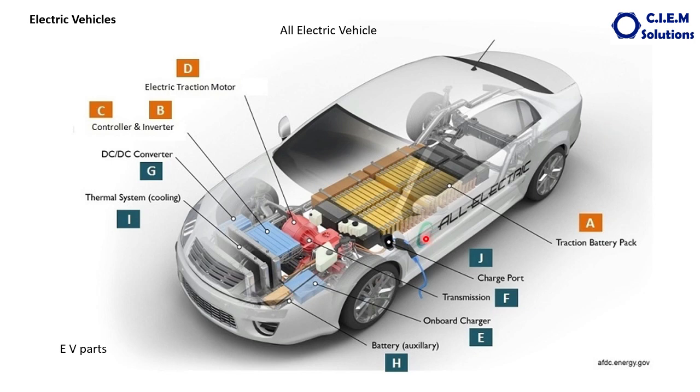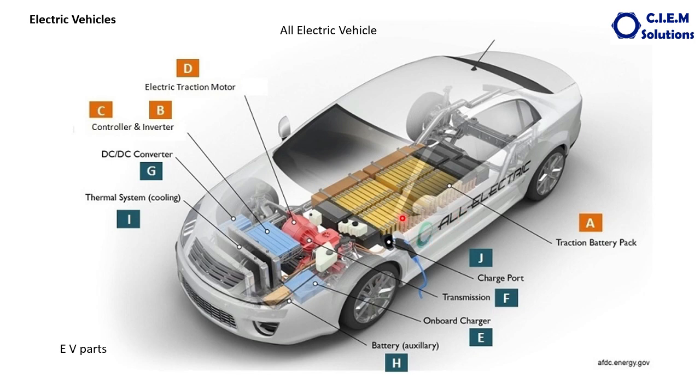The figure I am showing here is the car which is called an all electric vehicle. There are 4 types of electric vehicles we will see. Of course, the majority of the cars are all electric vehicles only, and the other 3 types are the plug-in hybrid electric vehicle, where hybrid itself represents that the vehicle will have both an internal combustion engine and also a battery pack.